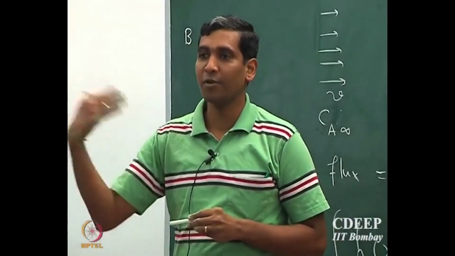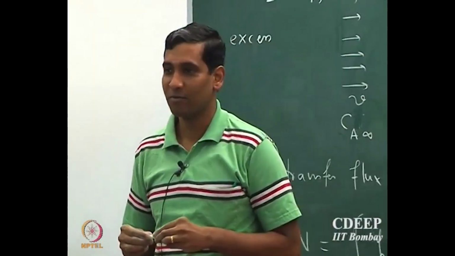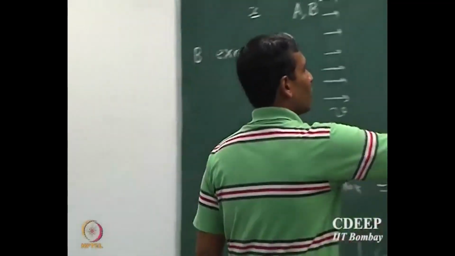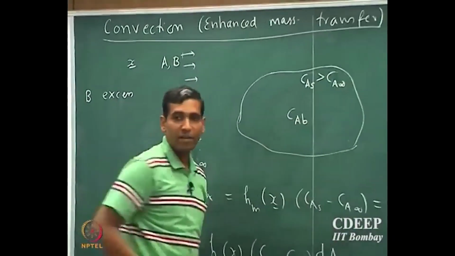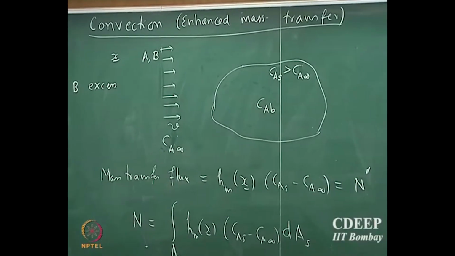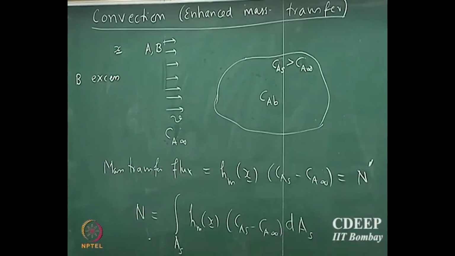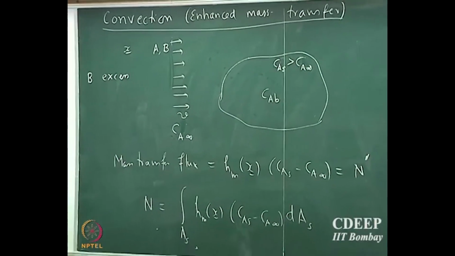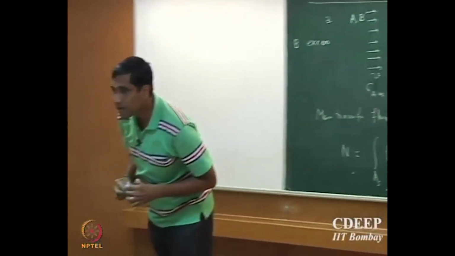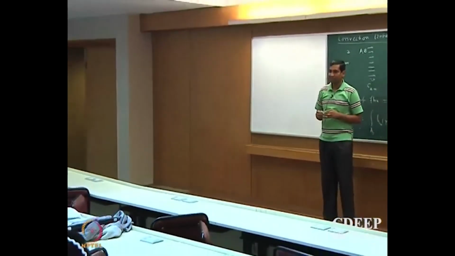Remember some of the concepts you have learned in thermodynamics and probably transport also. So what is the balance that you would write at every location for this problem? Well, not really.